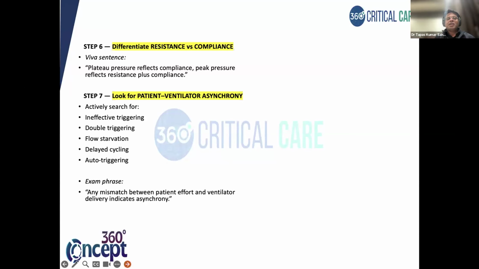Like the monitors, we are not treating the monitors, we are treating the patient. So always actively search for whether it is ineffective triggering, double triggering, flow starvation, delayed cycling, or auto triggering. Any mismatch between the patient effort and the ventilator delivery would indicate asynchrony. These words you have to use in your examination.